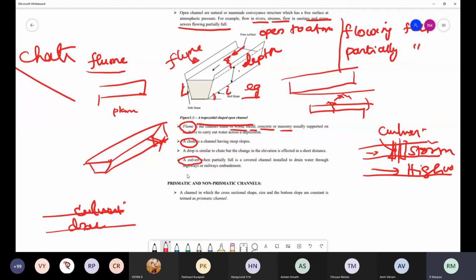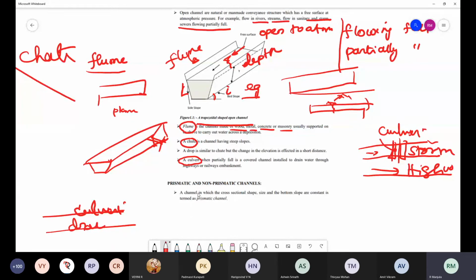So that is about some terminology which is related to our hydraulics. Now we'll see what the different types of channels are. Open channels: one is prismatic and non-prismatic channels. Suppose I am taking a horizontal rectangular cross section.